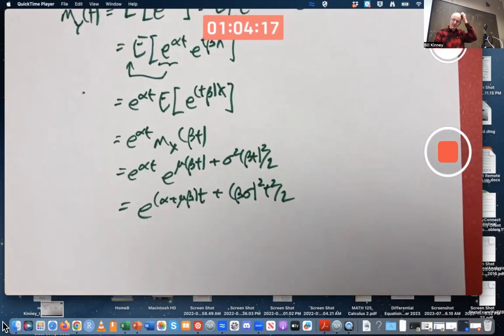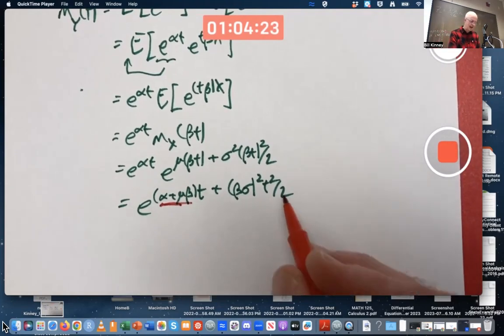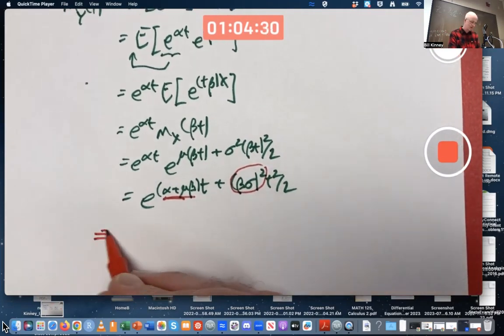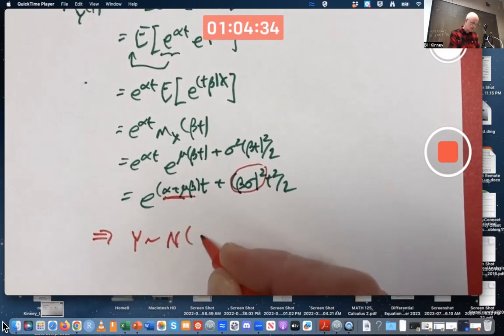Which is the MGF, the moment generating function, for a normal random variable with this mean and this variance. Looks good, no mistakes there. Normal.